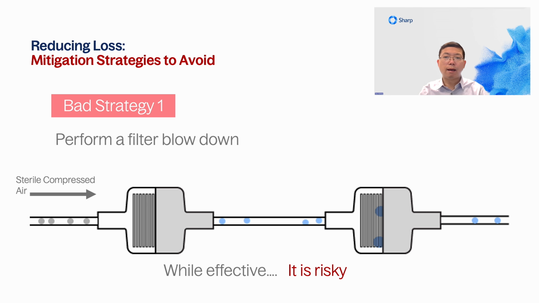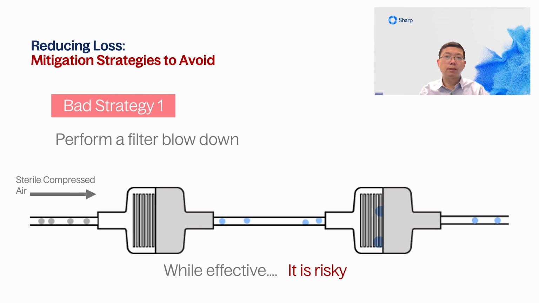A filter blowdown can be performed to achieve maximum product recovery. This is where sterile air or nitrogen is pushed through the filter and the filtration assembly to force out as much solution as possible. While this is effective at saving solution, it has many risks.